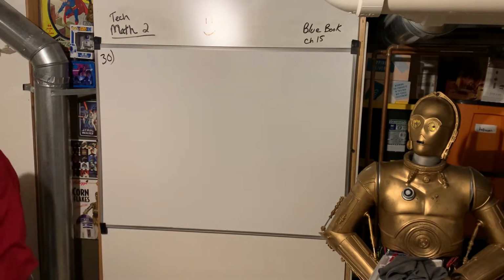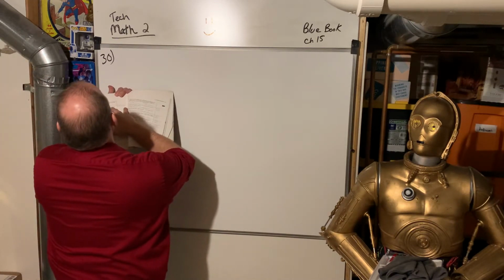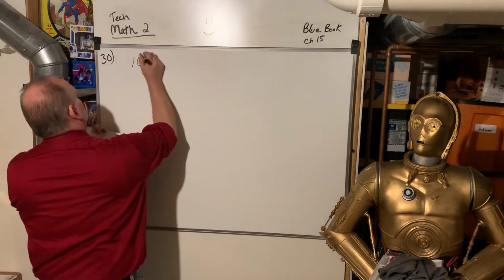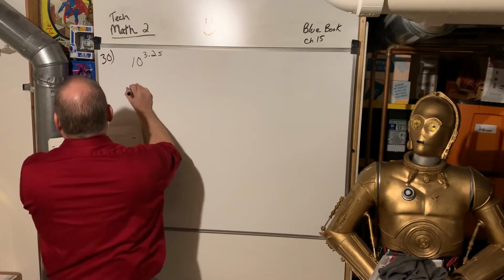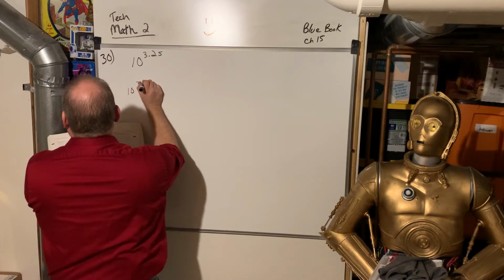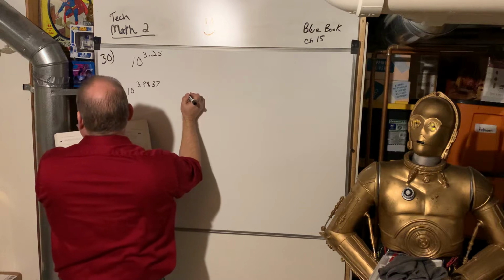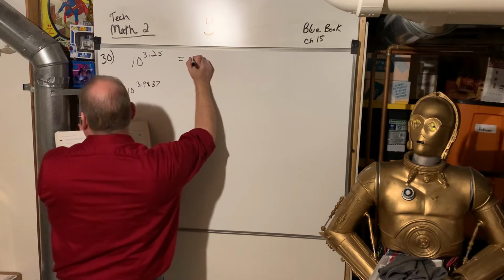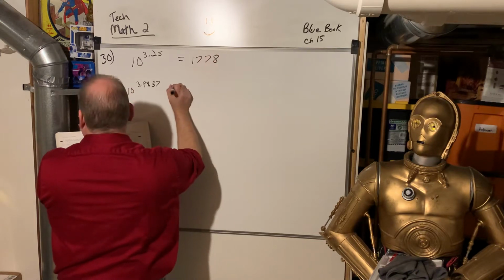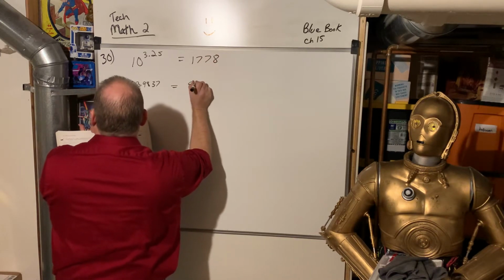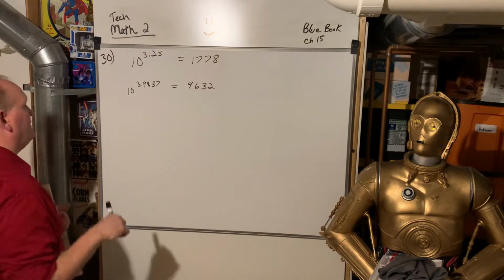So 30 is going to be 10 to the 3.25 power and 10 to the 3.9837 power. And round to a whole number. So you just pop those into the calculator just like I had said before. 1778 and 9,632. So just caret key, 10, caret key, 3.25, enter.